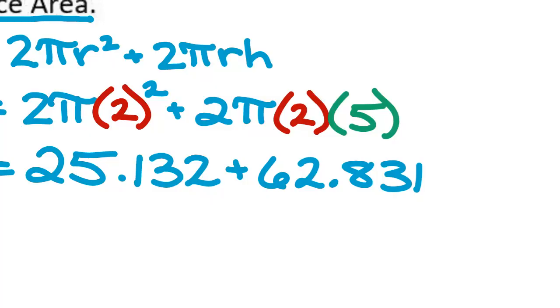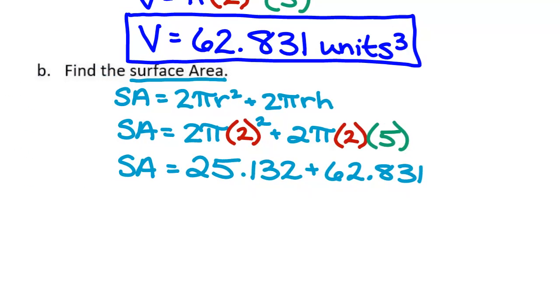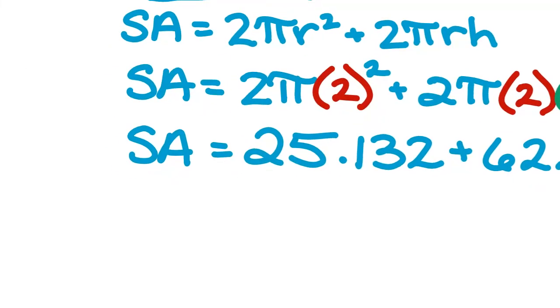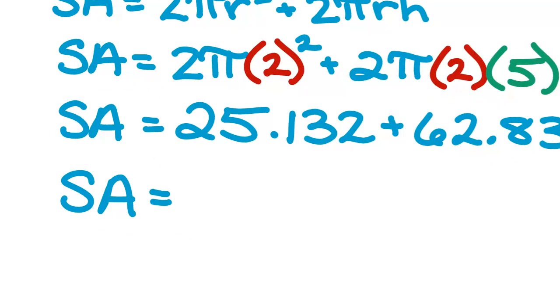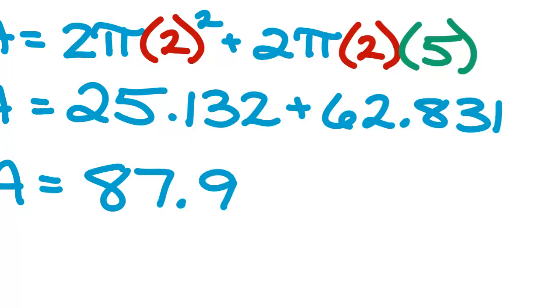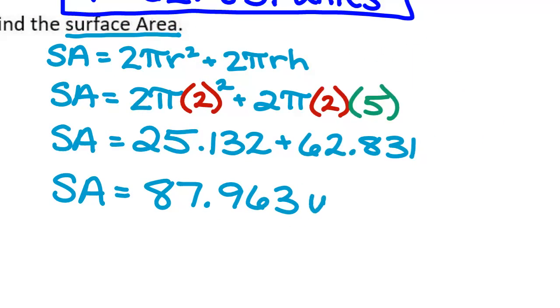And then we have to add those together. What do we get when we add those two together? 87.96 what? 963? That would be units squared.